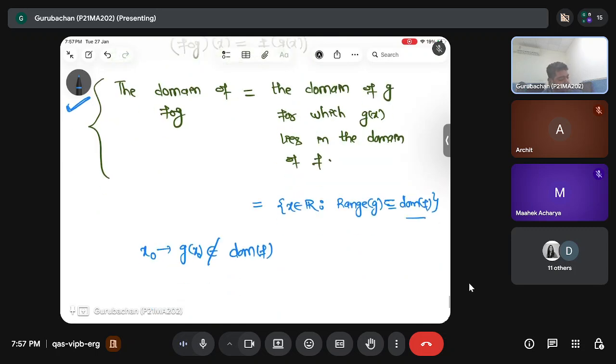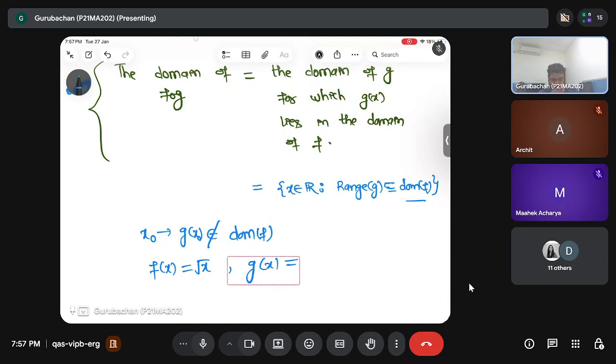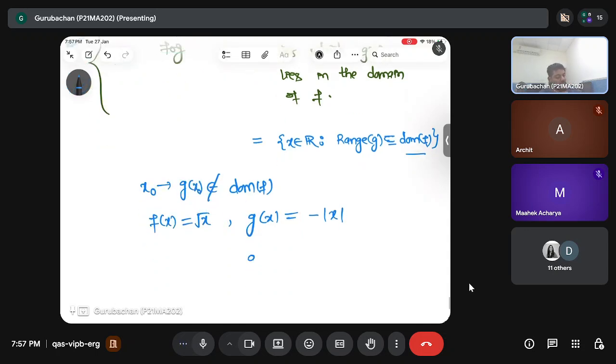For example, I am giving you f(x) equal to under root x and g(x) equal to minus mod x. So g at 1 will be minus 1.